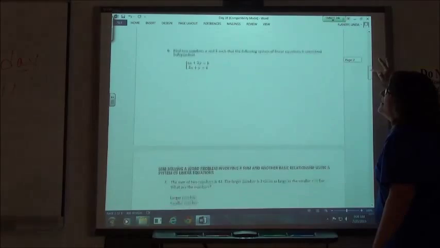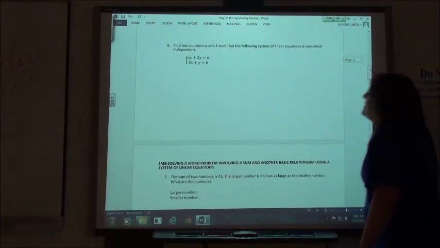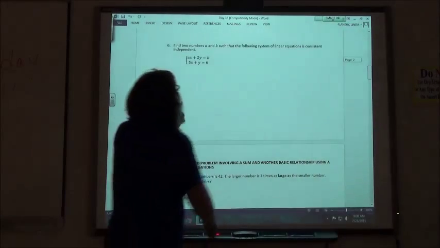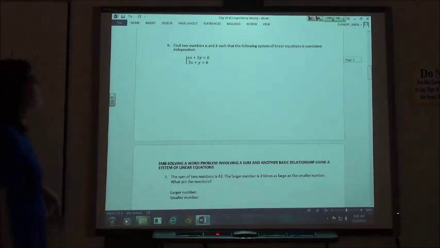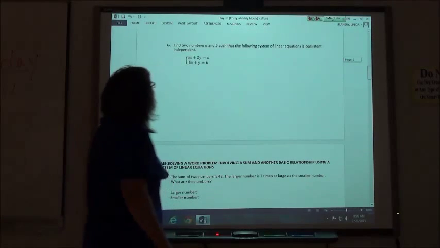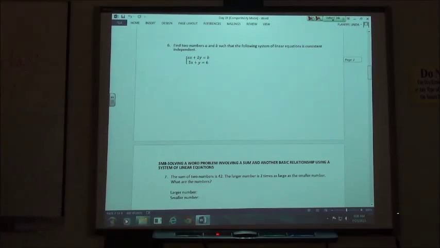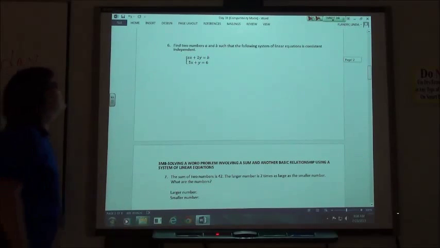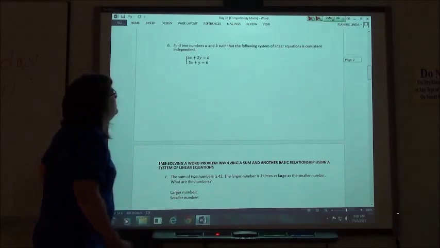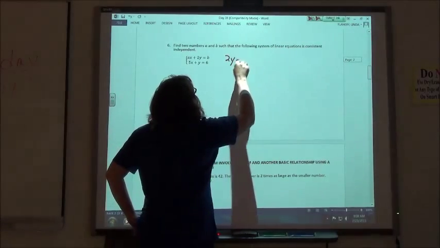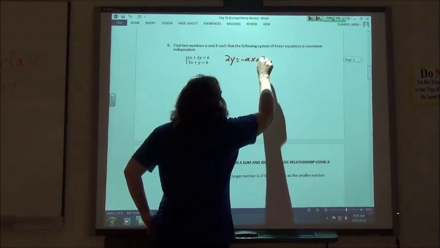Let's see what number 6 says. Consistent independent. There it is. There's a consistent independent one. If I actually went through and solved this, solving my top equation for y, what am I going to do on that one? 2y equals negative ax plus b.